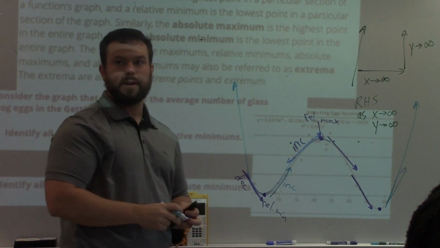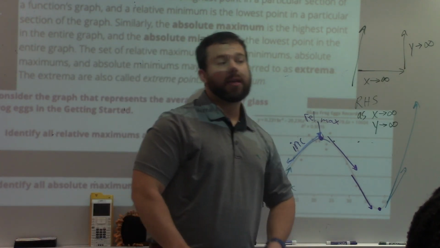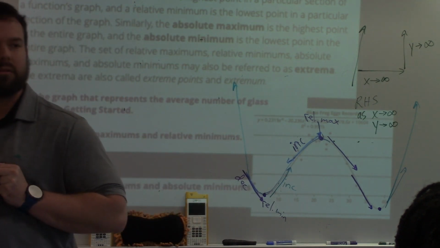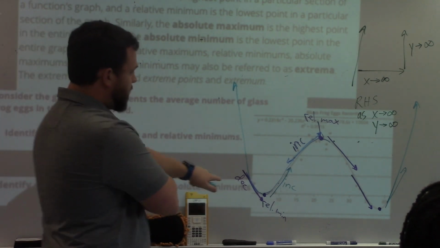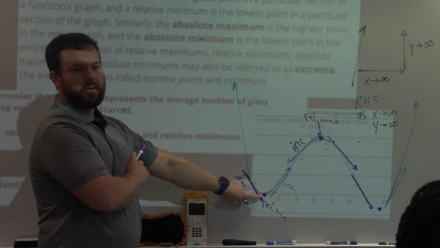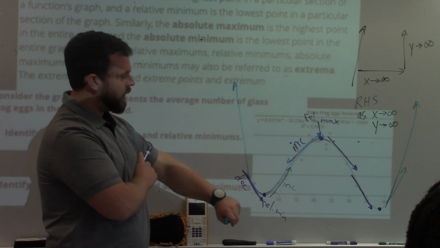That's what we just looked at, right? So are any of those the absolute highest or absolute lowest parts of the graph? Let me ask this. Is this the absolute lowest point on the entire graph? No. So that's a relative minimum, but is it an absolute minimum? No. So it's relative but not absolute.